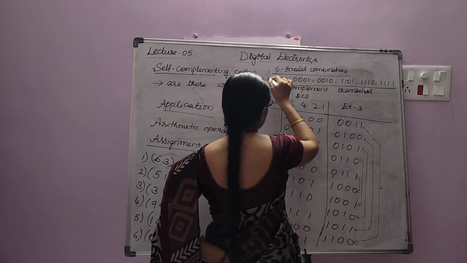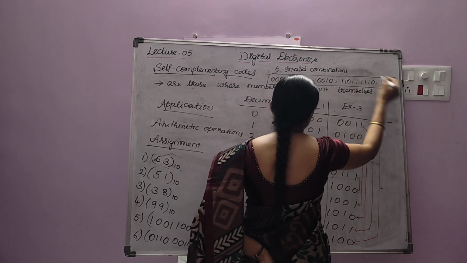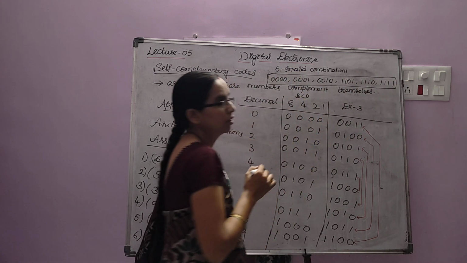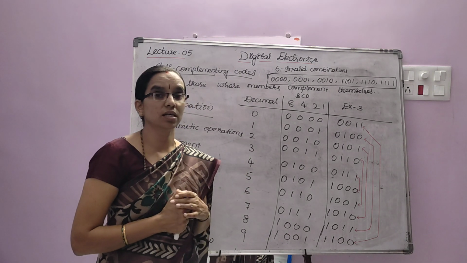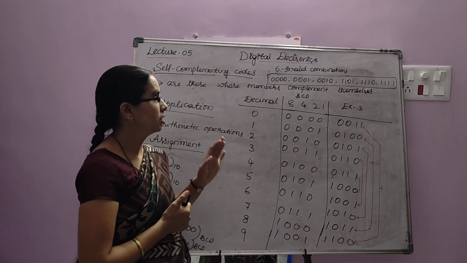These are the binary numbers which are not in XS3, and those are the 6 invalid combinations of XS3.